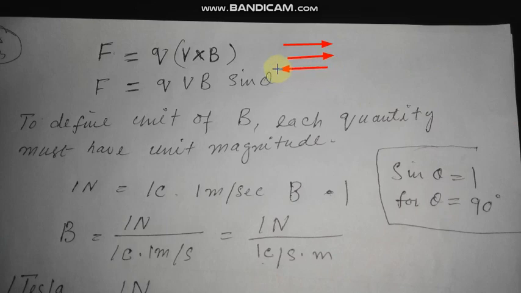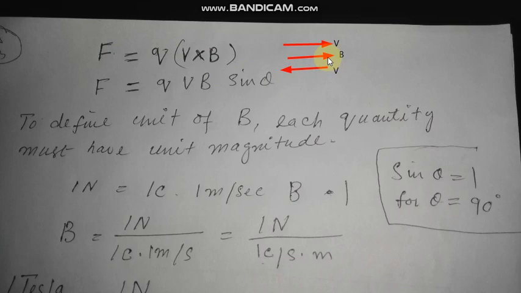Similarly, if v is anti-parallel to B, if this is the direction of B, and this is the direction of the velocity, similarly here this is also the direction of the velocity, then in the earlier case, in which v and B are parallel and making an angle of 0 degrees, the force acting on the charged particle will be 0.